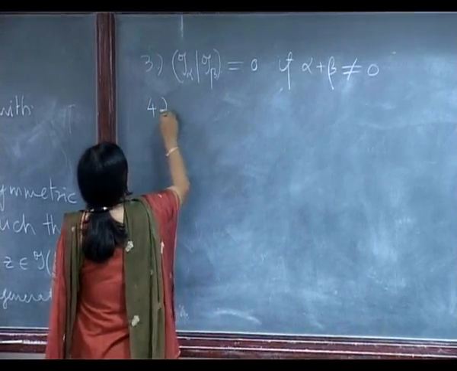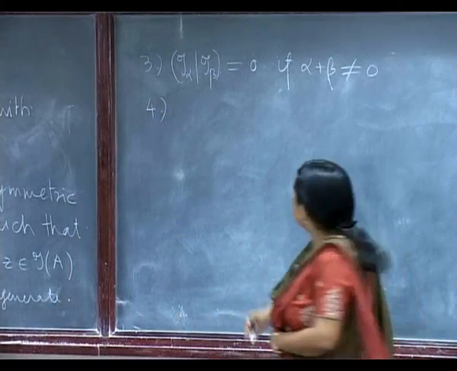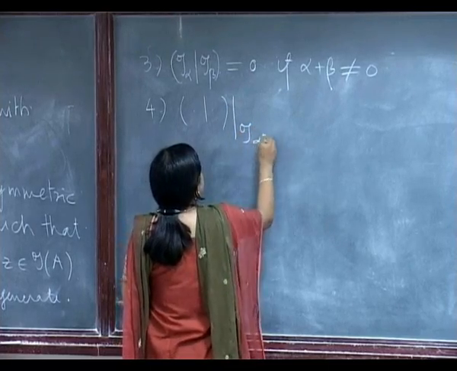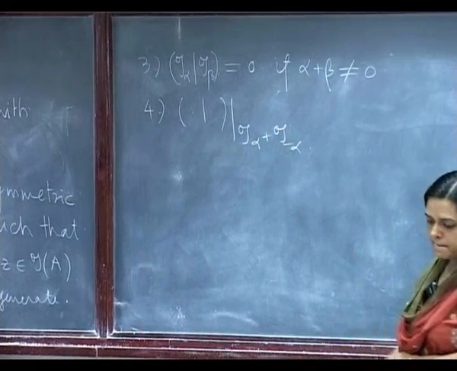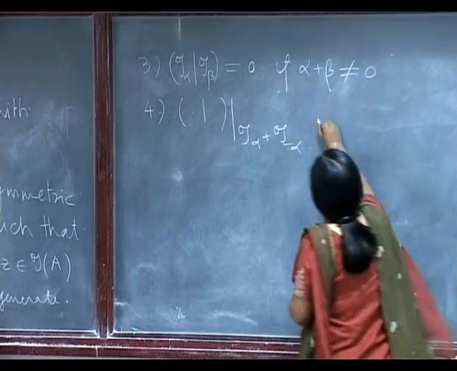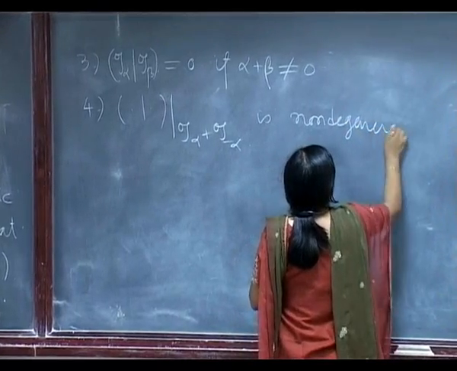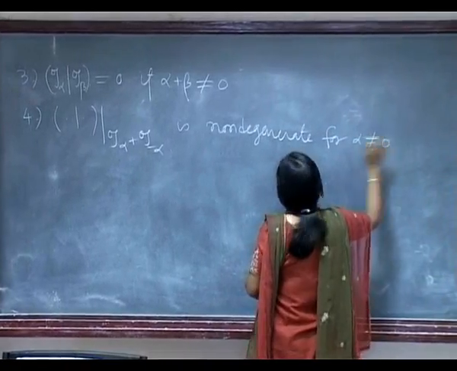The fourth one is, if I restrict this form to G alpha plus G minus alpha, then this is non-degenerate, for alpha not equal to 0.